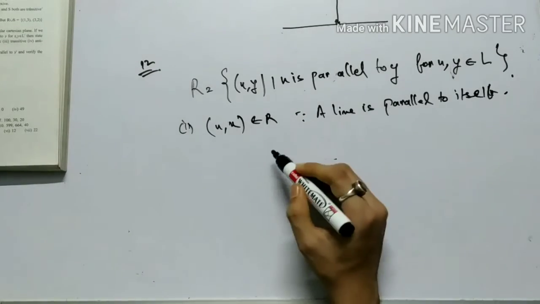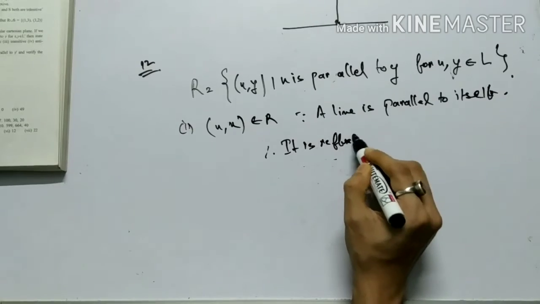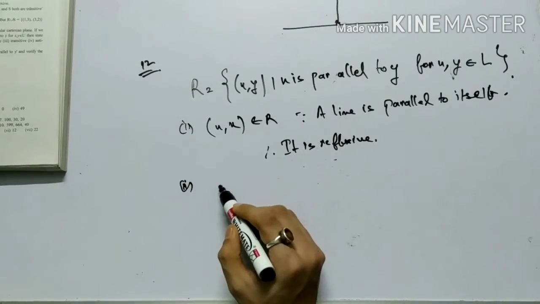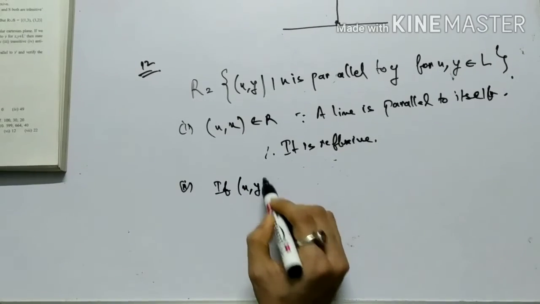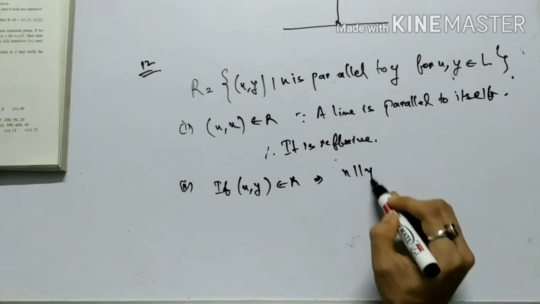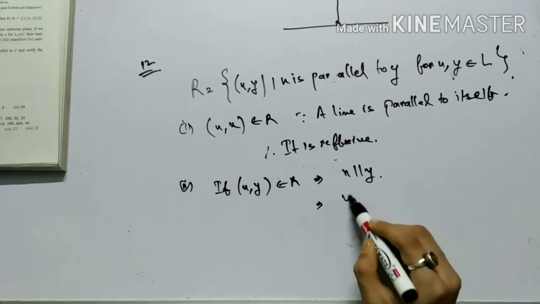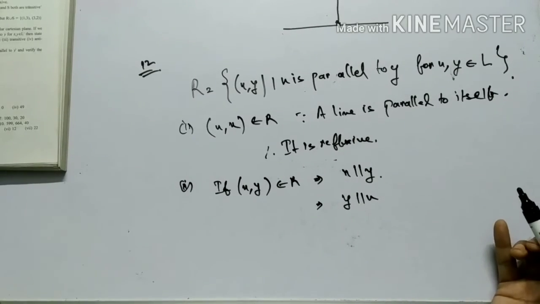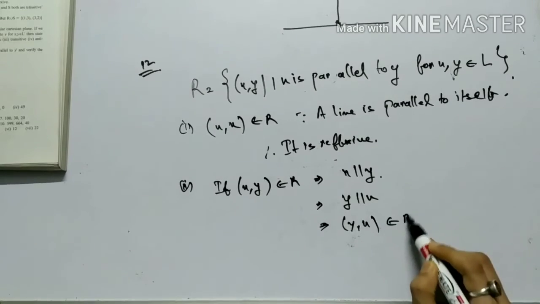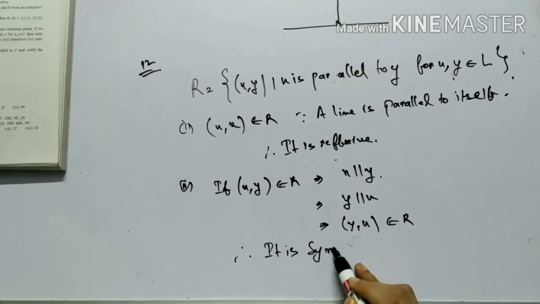Since a line is parallel to itself, therefore it is reflexive. Next one, for symmetric. Now if xy belongs to R, that is x is parallel to y, then y is also parallel to x. Yes, so therefore I can say that yx belongs to R. So therefore it is symmetric.